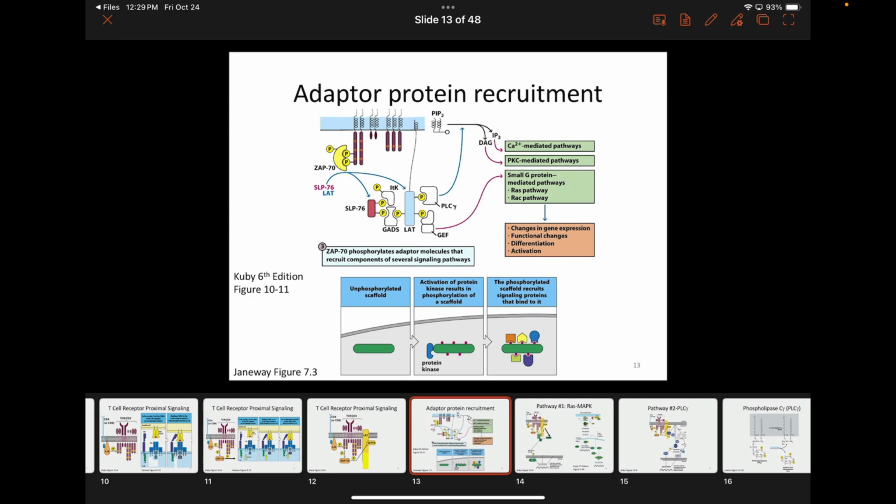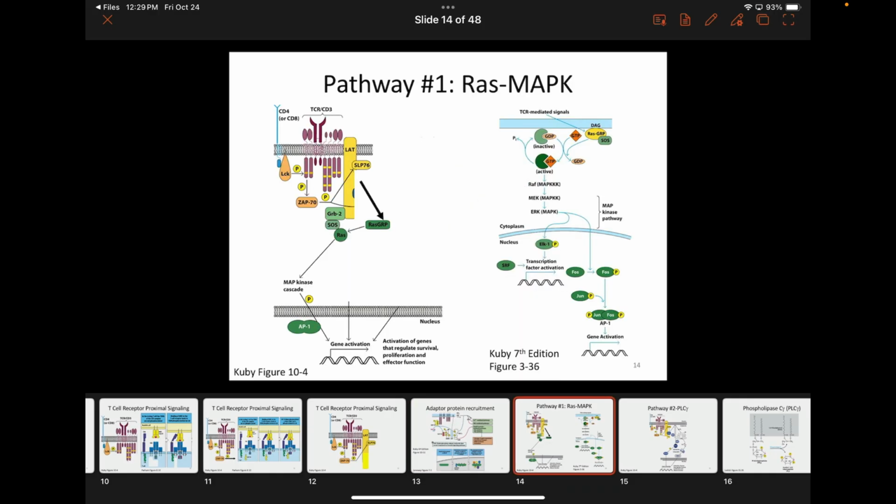You can see this pathway that I've written. The first branch after our adapter protein is a pathway that is called the RAS MAP kinase pathway. If you remember the name is the RAS MAP kinase pathway, you pretty much have all the partners.